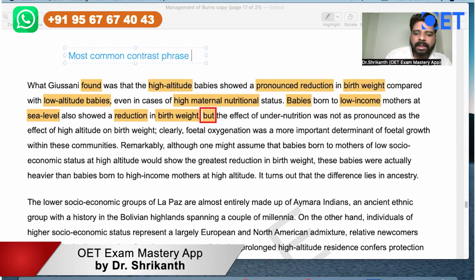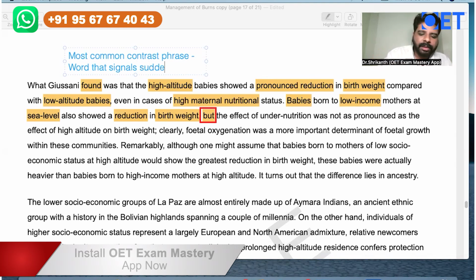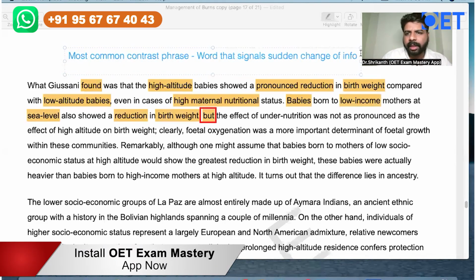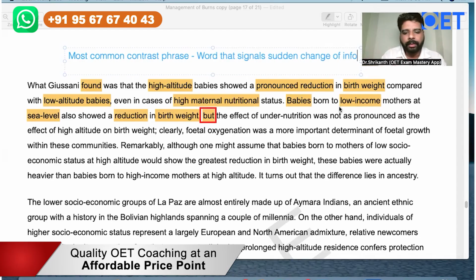And what is a contrast phrase? A contrast phrase is a word that signals a sudden change of information, that is from positive to negative or from negative to positive.